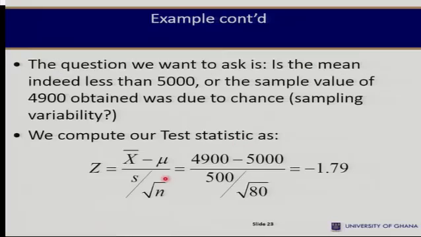Let's compute our test statistic. We need to standardize our sample mean, as we saw. So z is equal to x bar minus mu divided by s over square root of n, where s is the sample standard deviation and n is the sample size. Given the values, we obtain z to be minus 1.79.